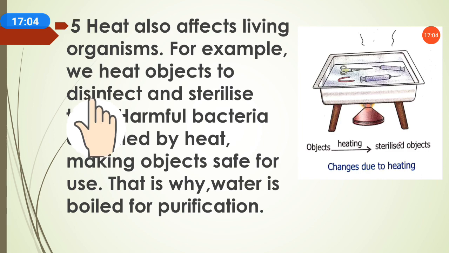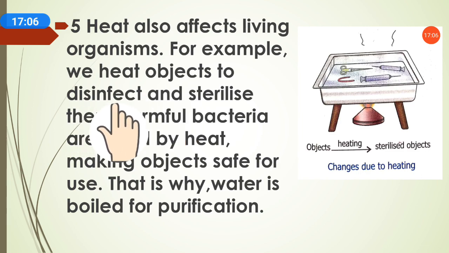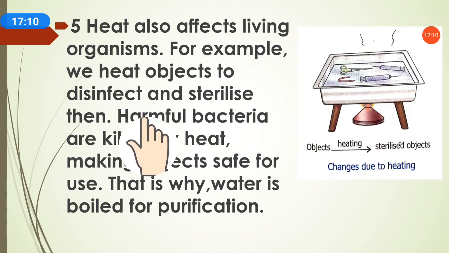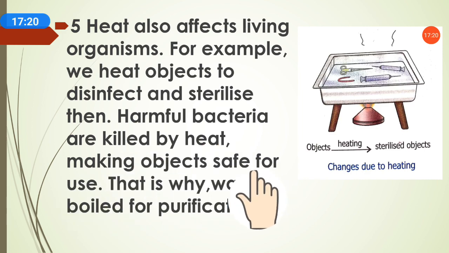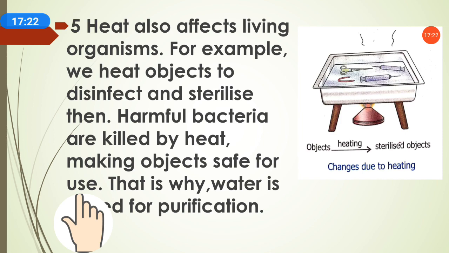So we heat these different objects to disinfect, means to remove the bacteria, and sterilize them, means boil them, so that harmful bacteria are killed by heat, making the object safe for use, and in this way we can use the object safely.